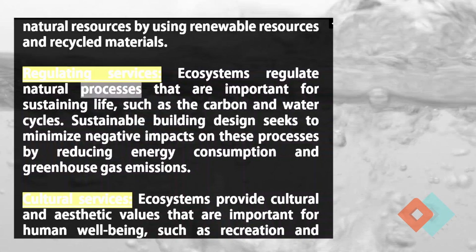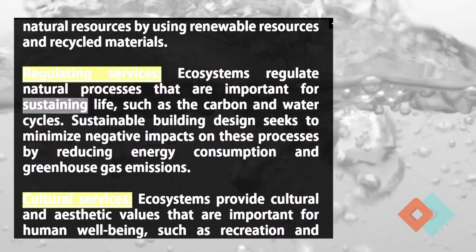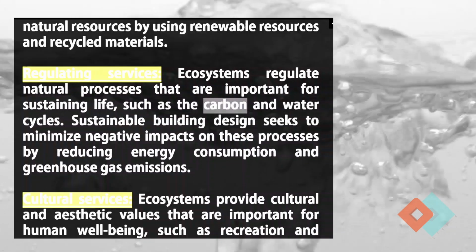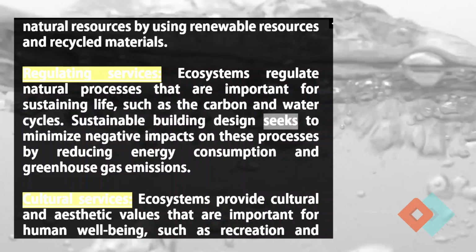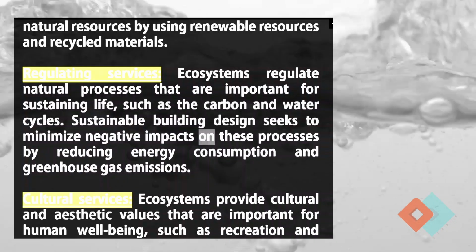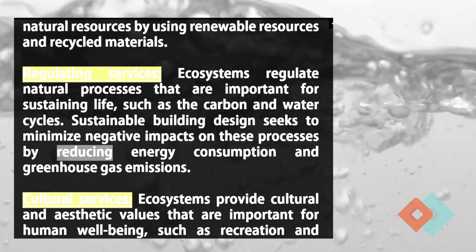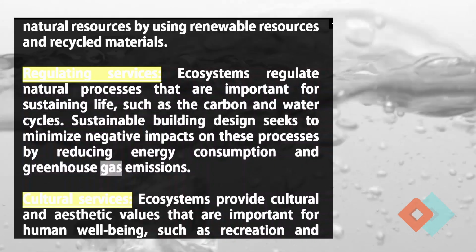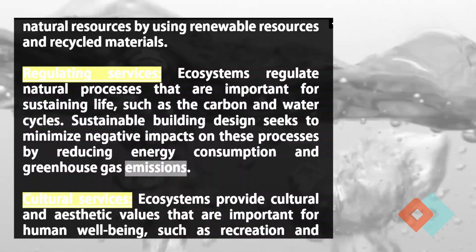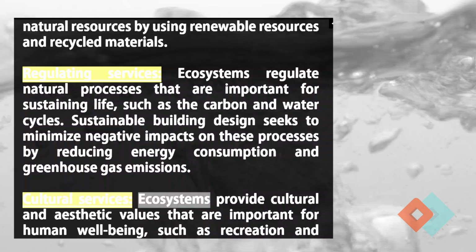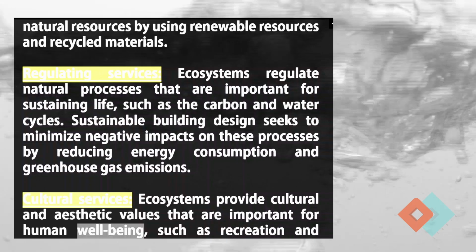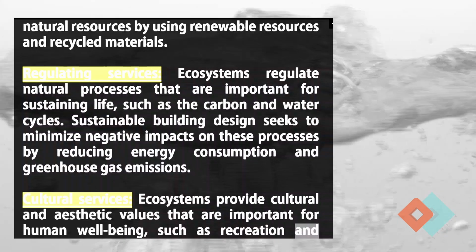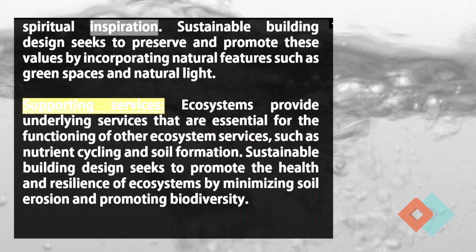Ecosystems regulate natural processes that are important for sustaining life, such as the carbon and water cycles. Sustainable building design seeks to minimize negative impacts on these processes by reducing energy consumption and greenhouse gas emissions. Cultural services. Ecosystems provide cultural and aesthetic values that are important for human well-being, such as recreation and spiritual inspiration.